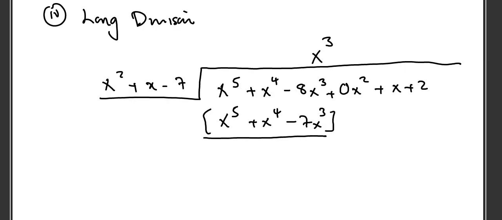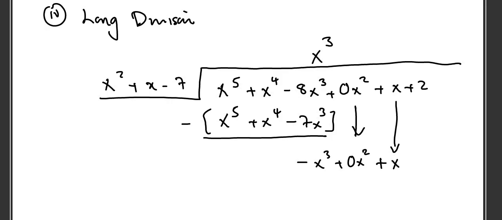Then here we find the difference. This will go, this will go. This will simply give us negative x cubed. We bring this guy down, that's going to be 0x. We also bring this guy down, plus x. The reason I'm bringing these down is because at each stage you need the equivalent number of terms as our divisor.